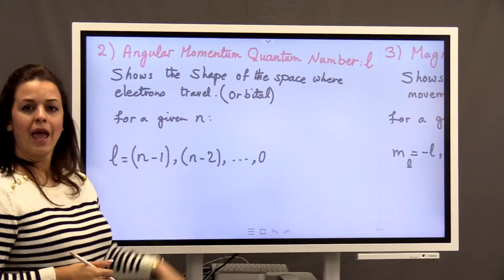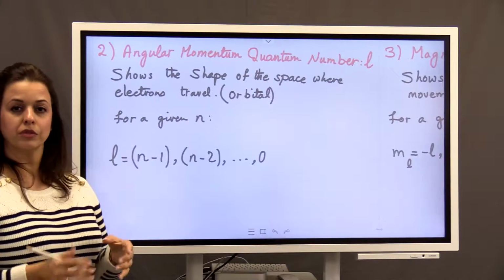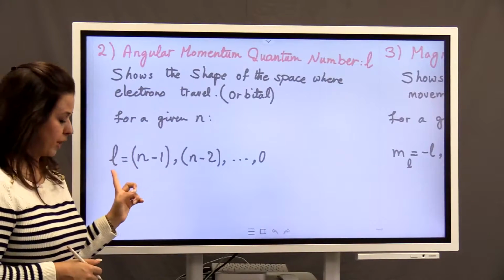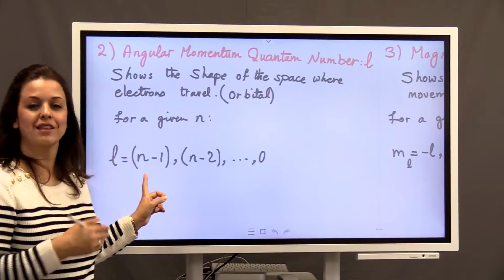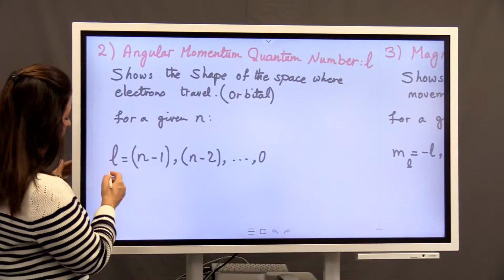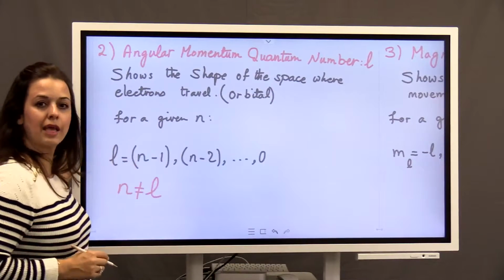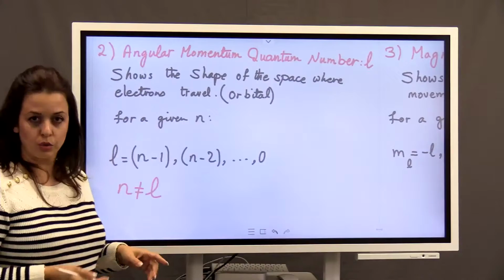For a given N, you always need to know N to be able to find out L. The possible quantum number L always starts from 1 less than N. So N and L can never be the same. For example, if N is 2, L cannot be 2.